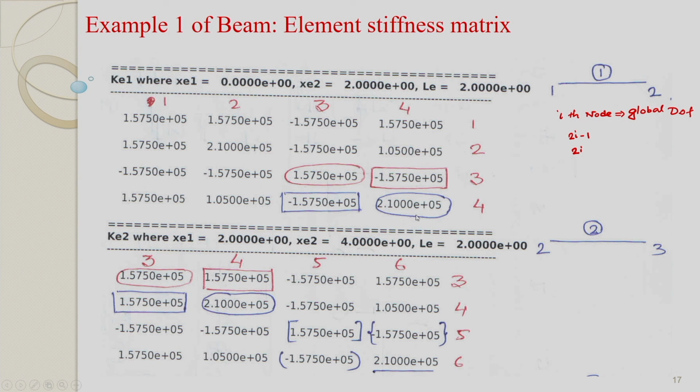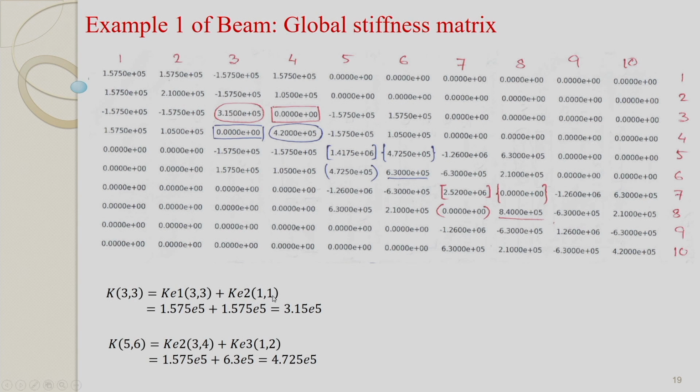This is not appearing in any other element. So, if you add these two, that will be 4.2 into 10 to the power 5. You can see in our global stiffness matrix 4 comma 4 is with a blue circle, 4.2 to the power 5.